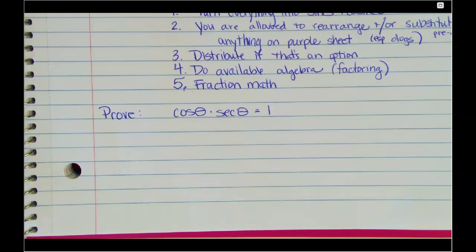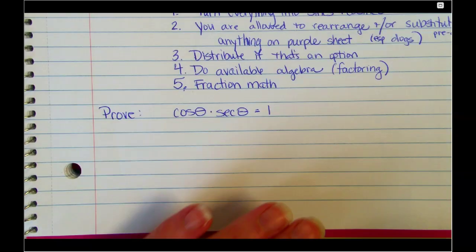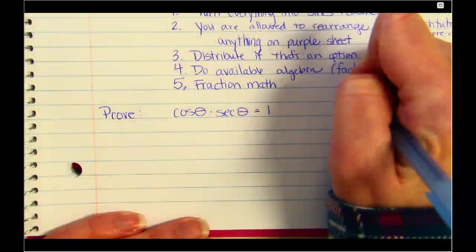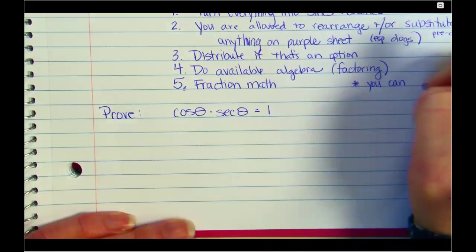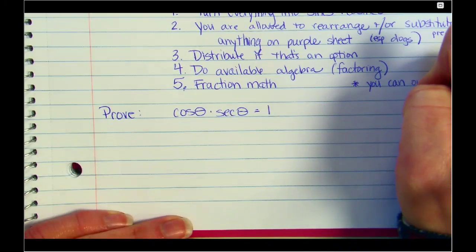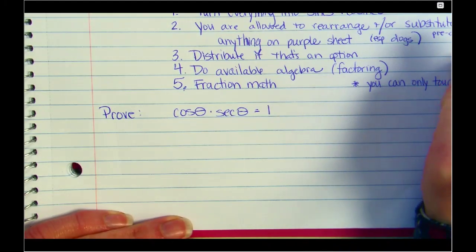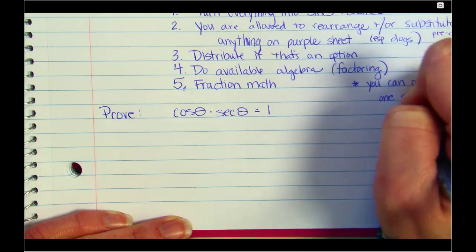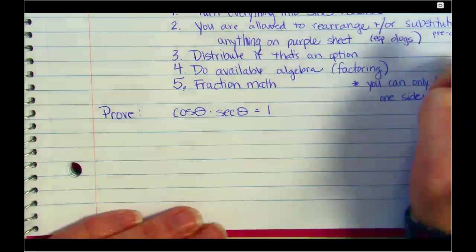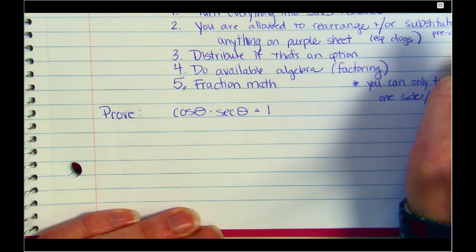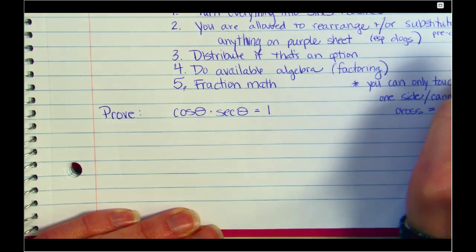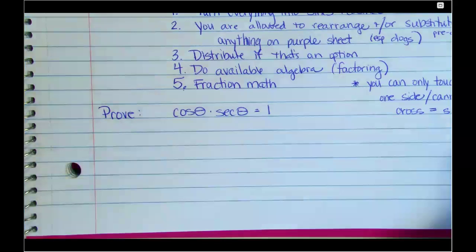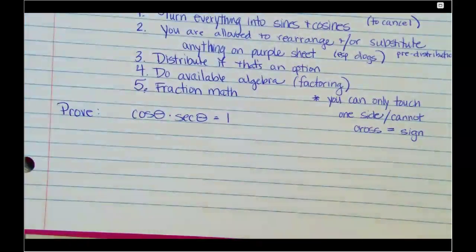Now, the most important thing you need to know is that you can only touch one side, and you cannot cross the equal sign. Those are the 2 main rules.